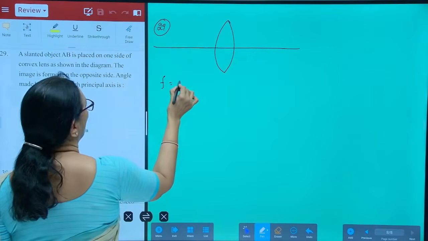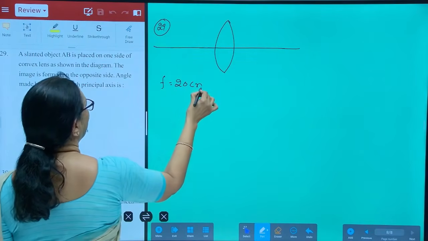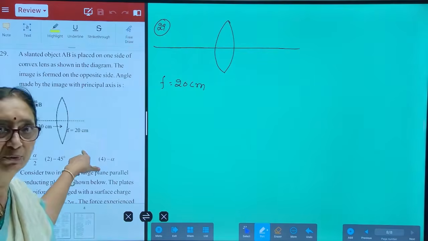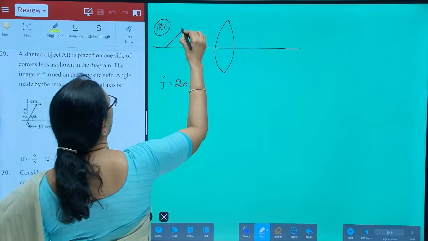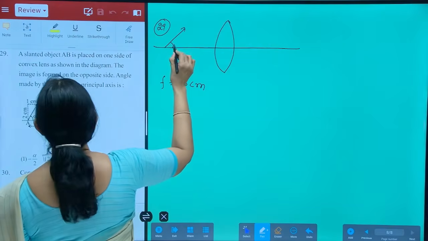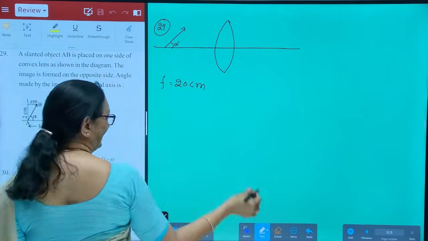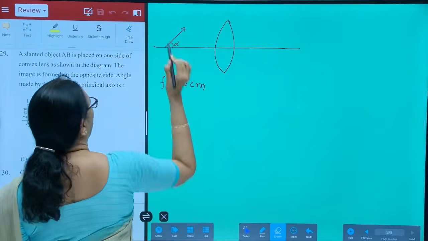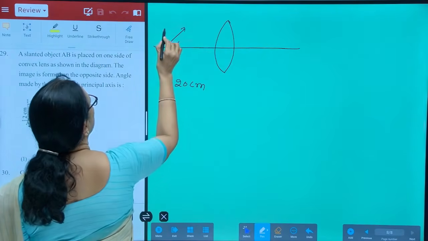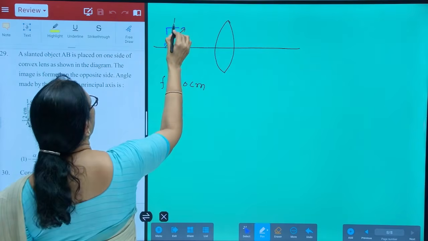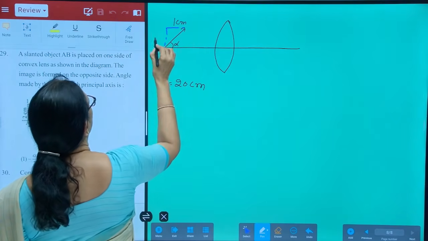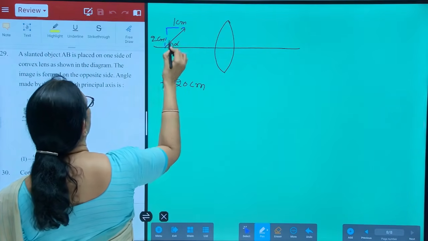The focal length of the convex lens in the question is given as 20 centimeters, and the slanted object is placed at an angle alpha. In the problem it is mentioned that this side is 1 centimeter and this side is 2 centimeters.